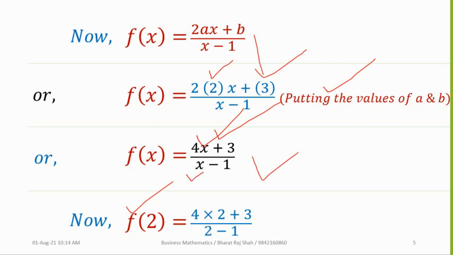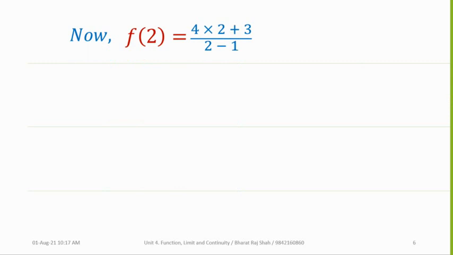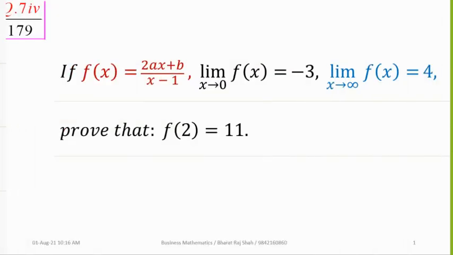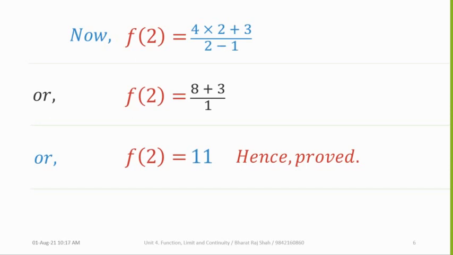Then we have to simplify. f(2) is 8 plus 3 divided by 1, and the functional value of f(2) is equal to 11. So it was already given in the question, and that proves that the functional value at 2 is equal to 11. Now we have proved that f(2) is equal to 11.